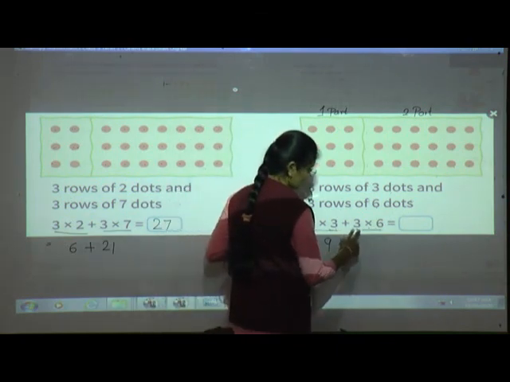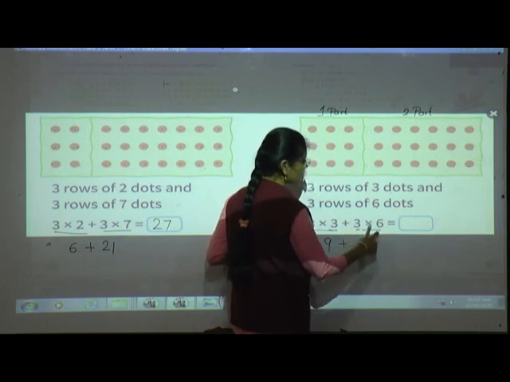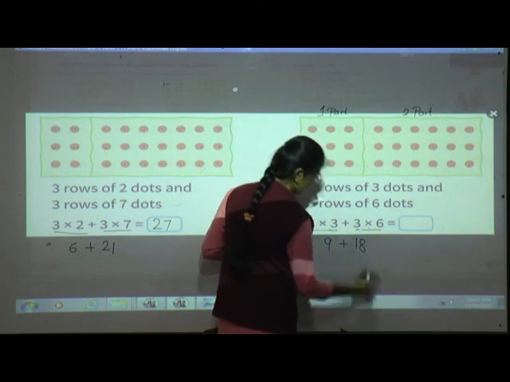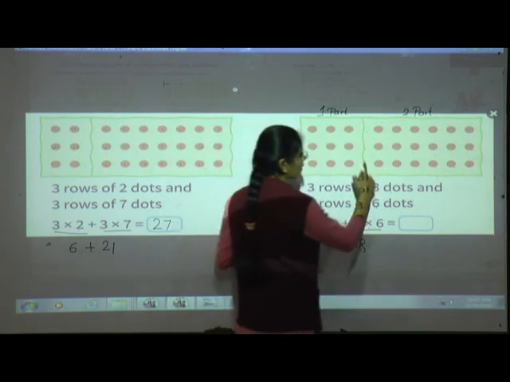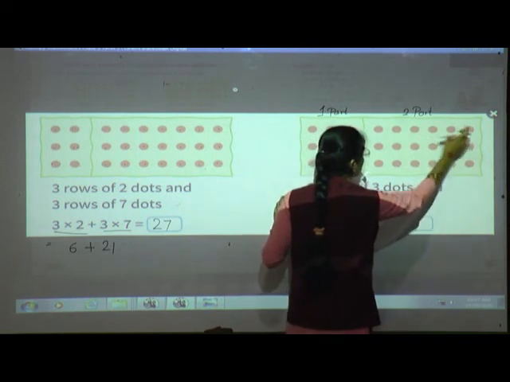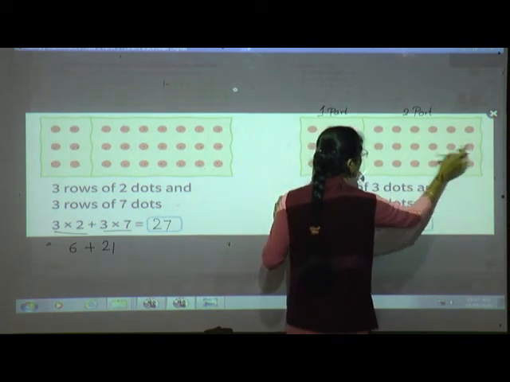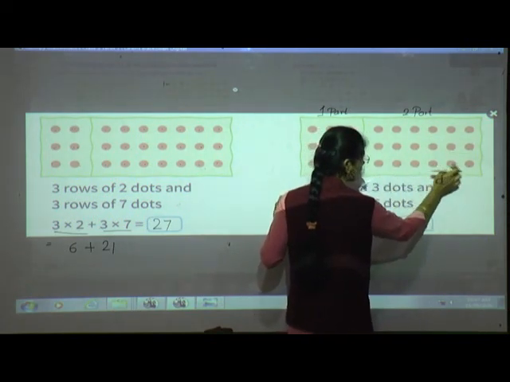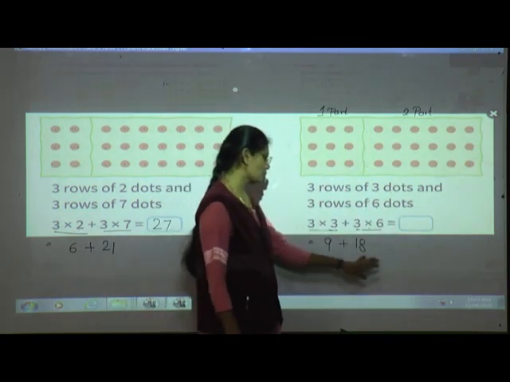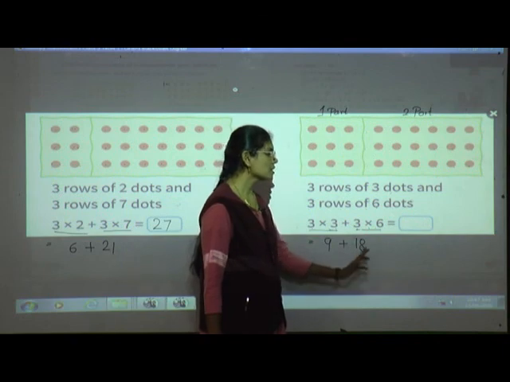Then do this 3 into 6. Say the table of 3. 3 6s are, yes, 18. Okay, now check 18 dots are there or no. 1 to 18. There are 18 dots.